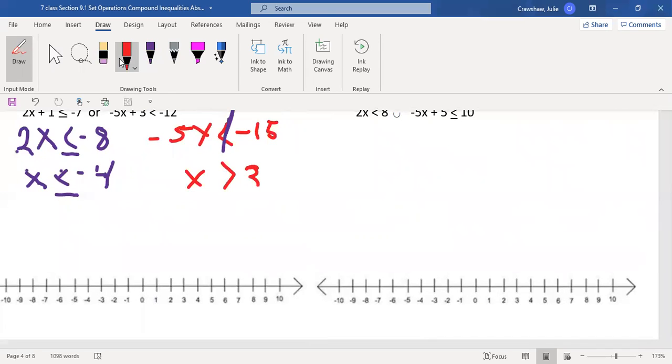Now I need to go down and put those on my number line. I have x is everything less than negative 4, so that's to the left of negative 4, and it includes it. And over here on the right, I have x is everything bigger than 3, but it does not include it.